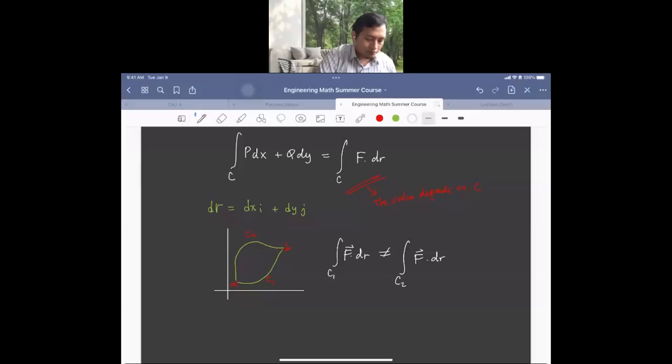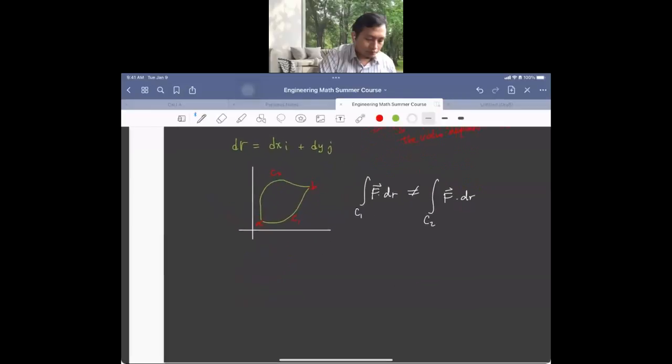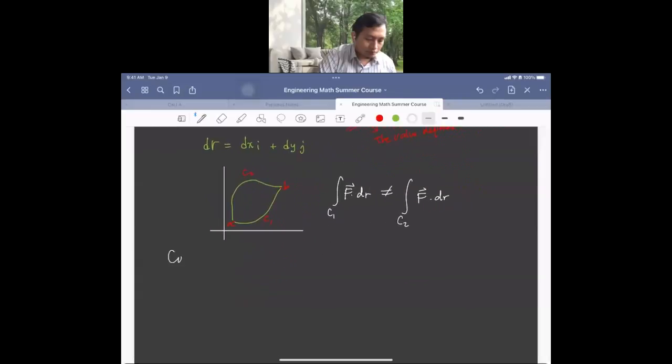Now, I mentioned, I think in the previous page, that vector fields can be called conservative, right? So let me discuss conservative vector fields in more detail.